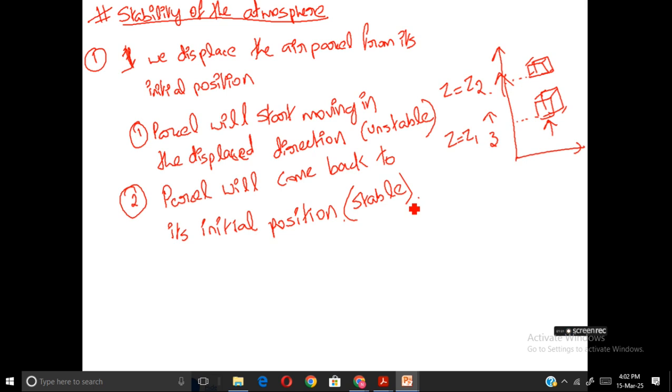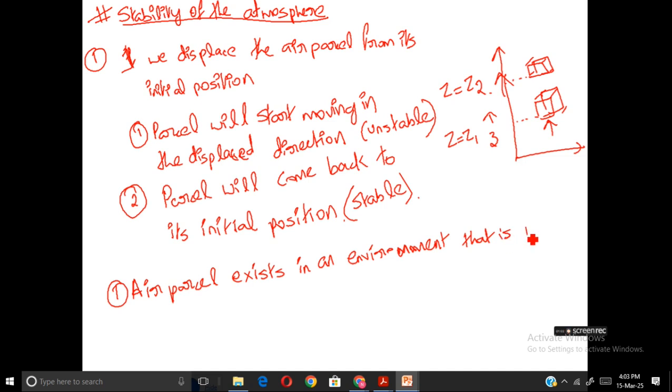Now, when we learned about the basic assumptions of an air parcel, we discussed what the basic assumptions are. One of the assumptions is that the air parcel exists in an environment that is in hydrostatic equilibrium.